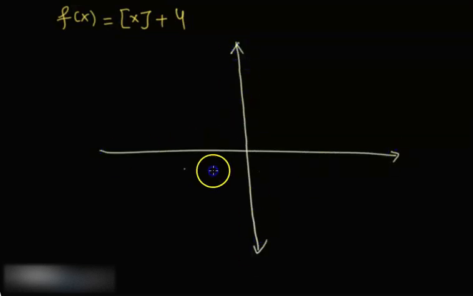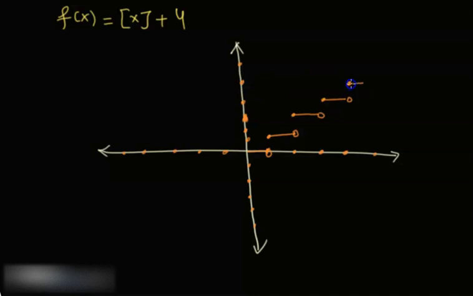That's my y-axis, this is my x-axis, and if you guys remember, then our parent function looked something like this.